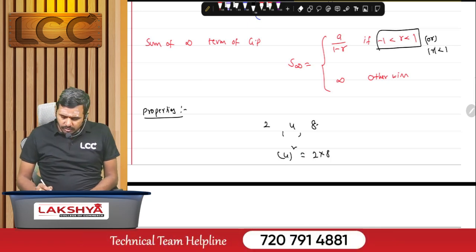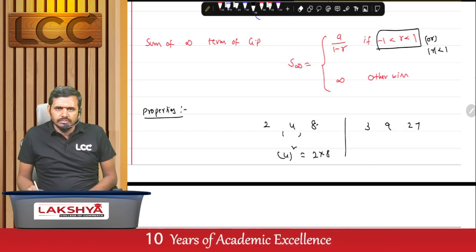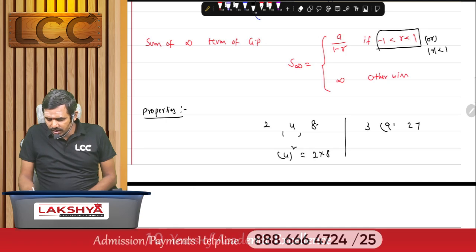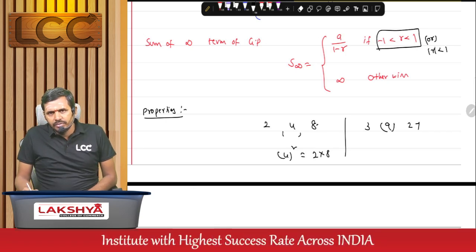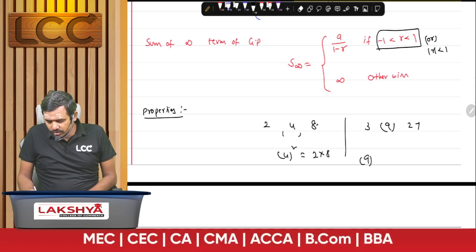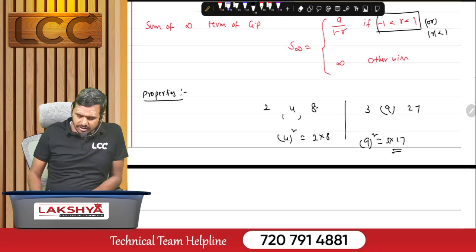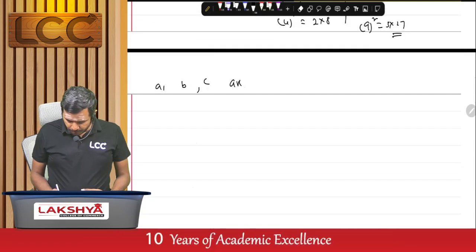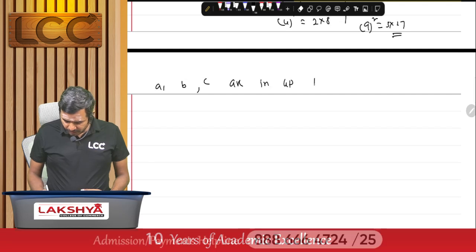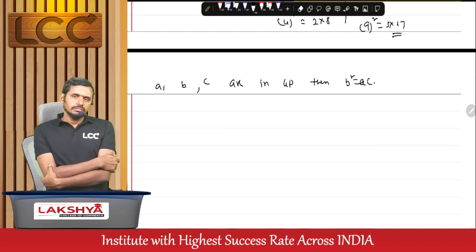Not only 2, 4, 8, let us take 3, 9, 27 in GP. Then the middle term whole square is equal to the product of extremes. For any three numbers A, B, C in GP, we write B square is equal to AC.